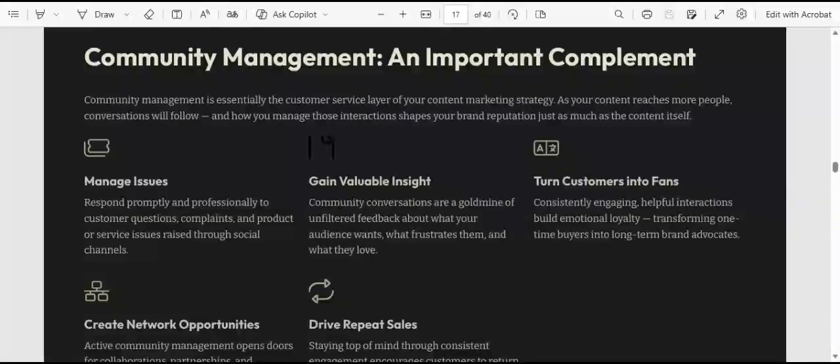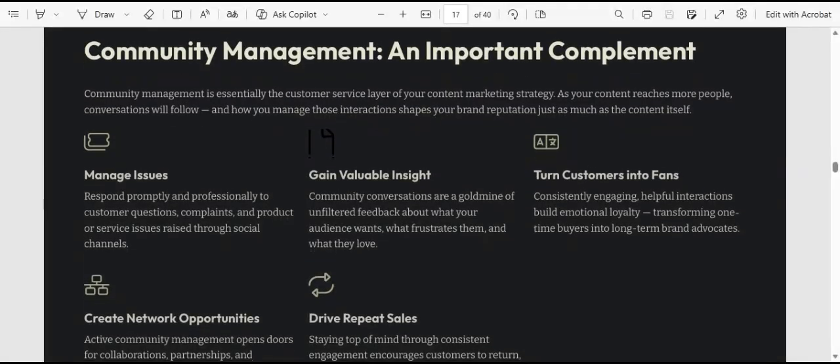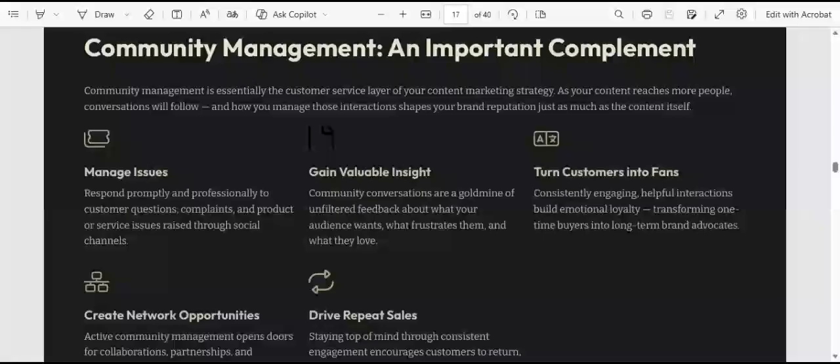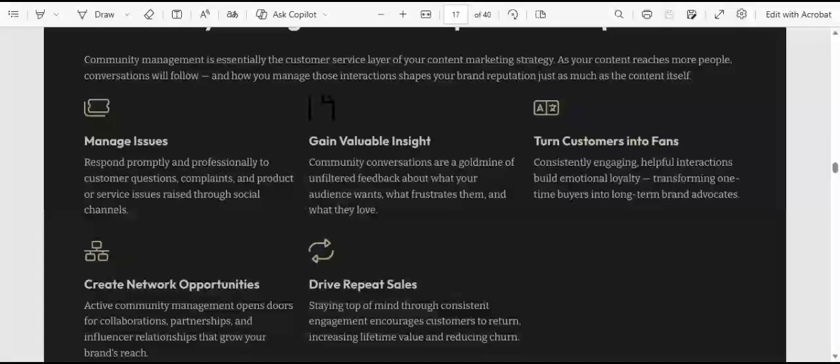One, manage issues, gain valuable insight from your audience, turn customers into fans. And then create networking opportunities. Active community management opens doors for collaboration, partnership, and influential relationships that grow your brand's reach.